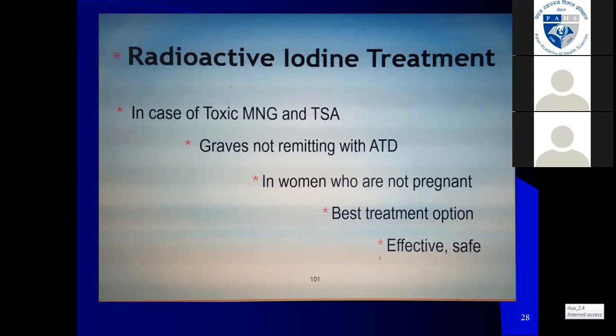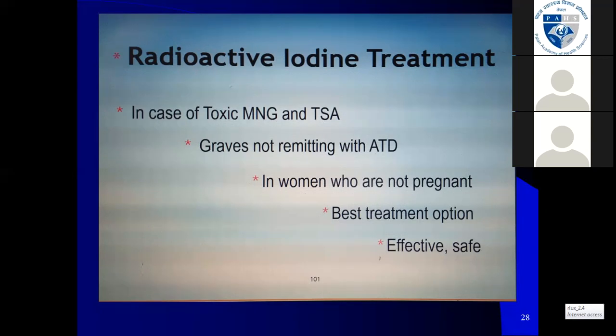Radioactive iodine treatment is used, but in some places, before radioactive iodine treatment, they go for the antithyroid drug. But in places like North America, they directly go for radioactive iodine treatment if the patient has toxic multinodular goiter or solitary thyroid adenoma.